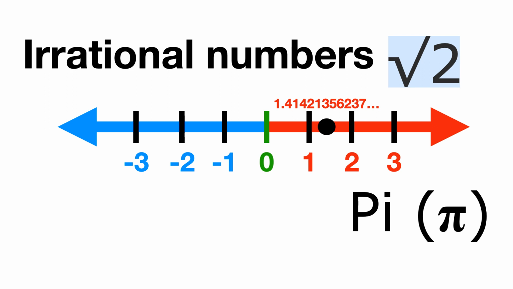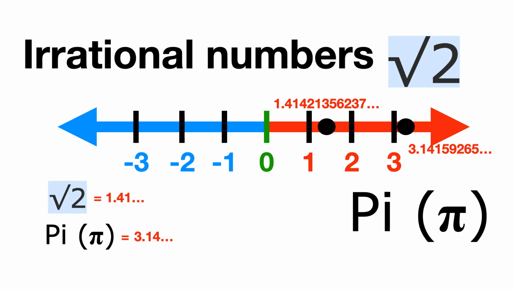Pi is a famous irrational number. Pi equals 3.14159265, and so on. And you cannot express it as a fraction or ratio of two integers.